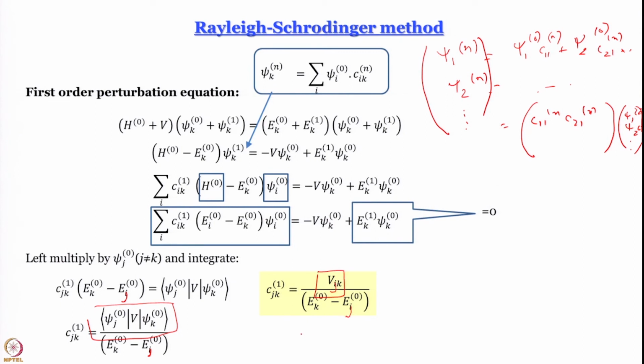Again perhaps for the first time we are using something that we keep doing all the time. We have an integral, we do not know what the form is, we just give it a name. We use indices that help us identify what kind of an integral it is, and we leave it at that. When an opportune moment comes, that is when we try to solve it. Okay. So, I have an expression for Cjk 1th.